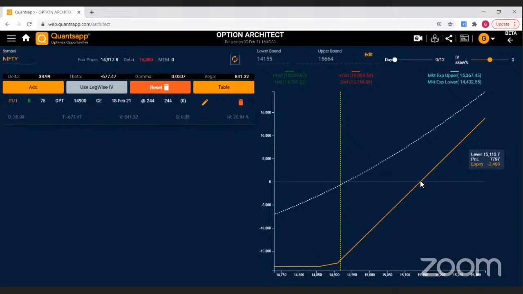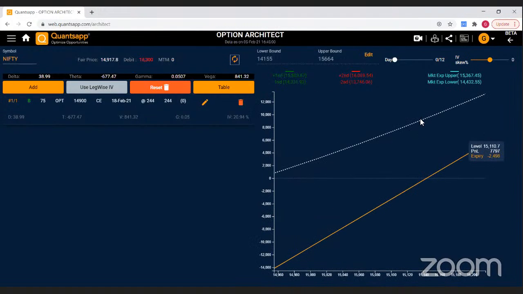So the underlying had roughly around 250 points movement, and we have 12 days to expiry. Have you ever tried looking into that? This is the level, 15,110.